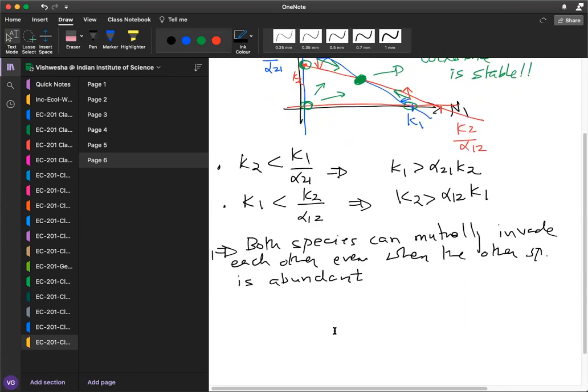Consequently, what we find is that coexistence is a stable equilibrium.